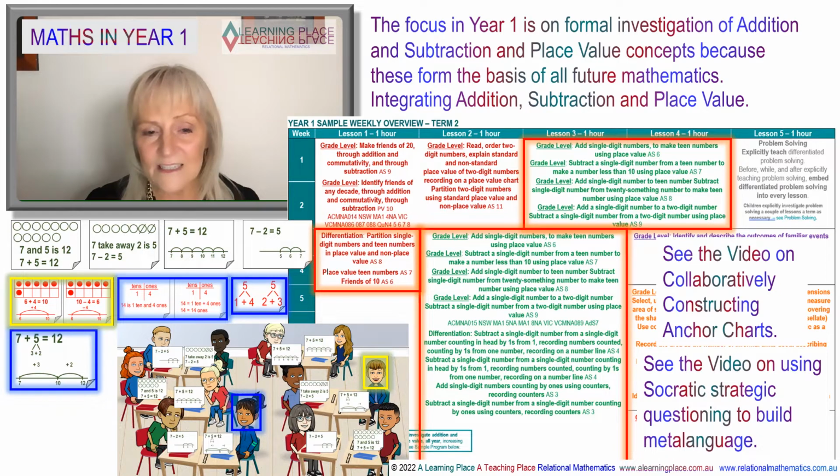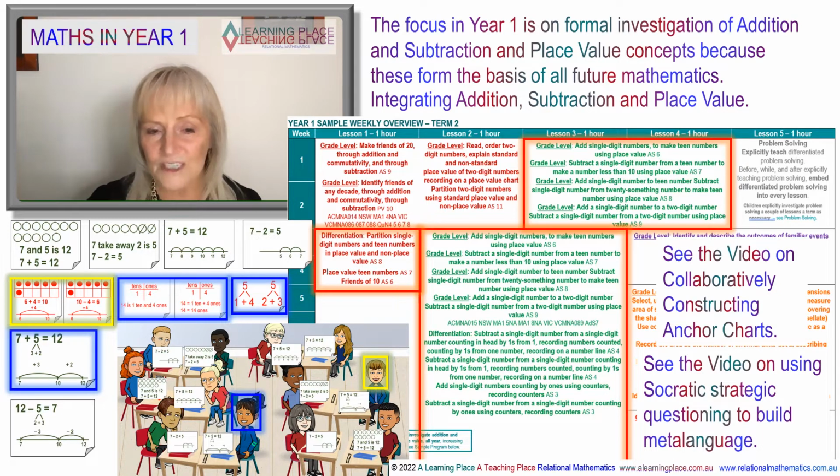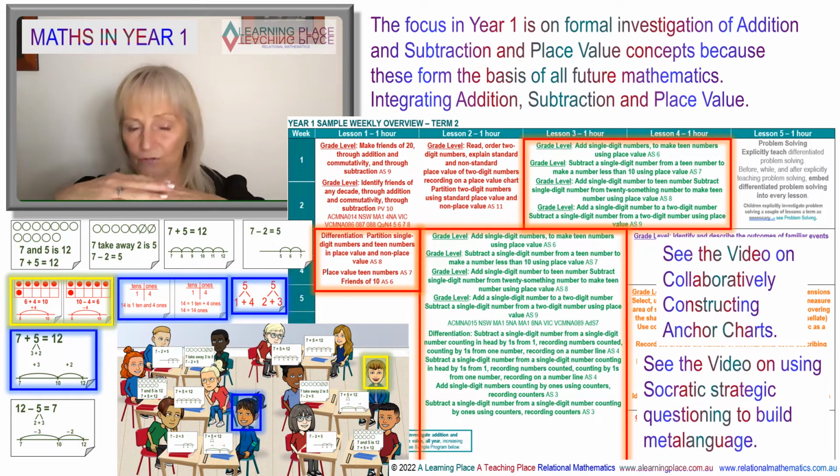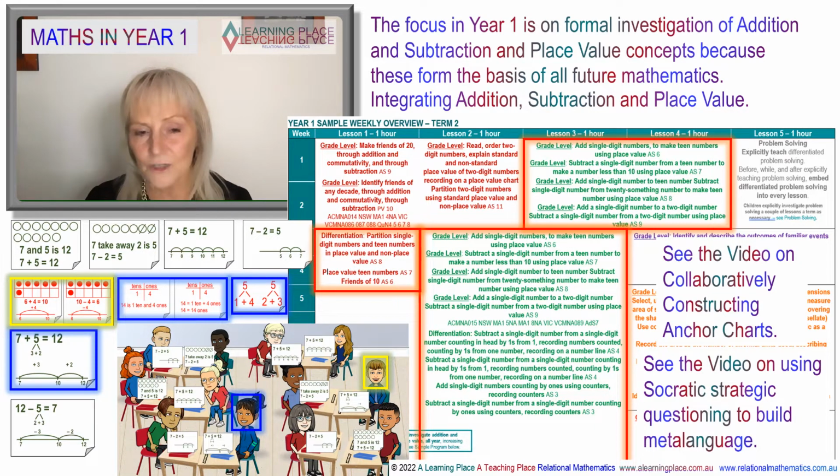Once kids get to these 2 levels, adding and subtracting, bridging 10, they start to go really, really slowly because this is such a complex concept, but it's such a necessary concept. And when you think about it, it's the only addition and subtraction concept that kids learn in year 1.